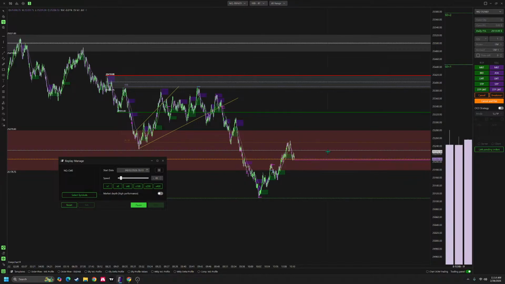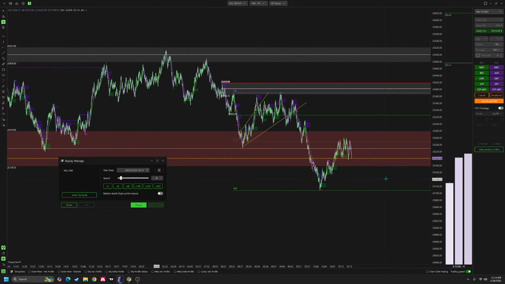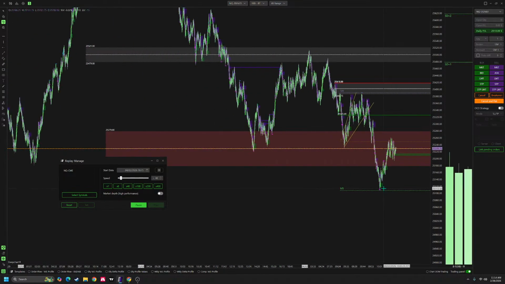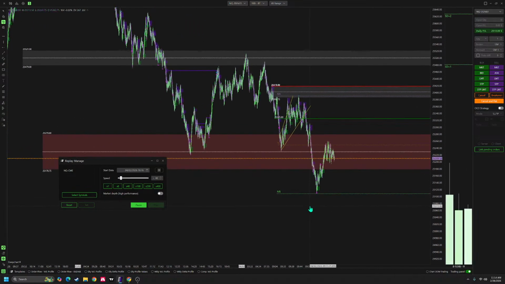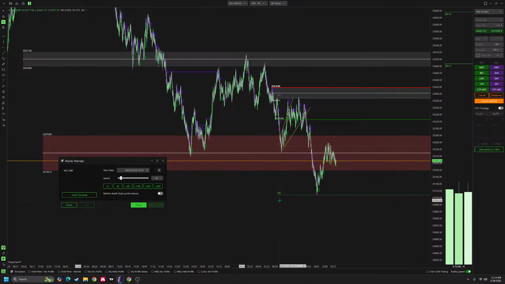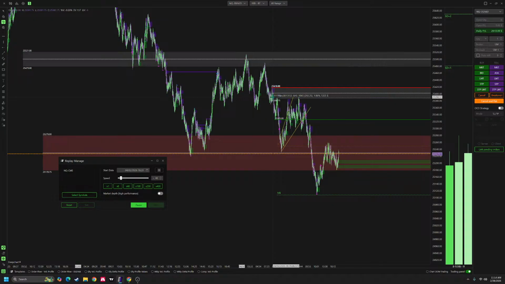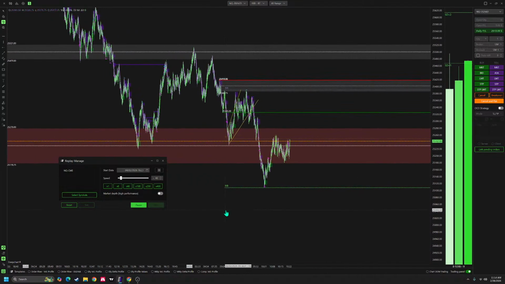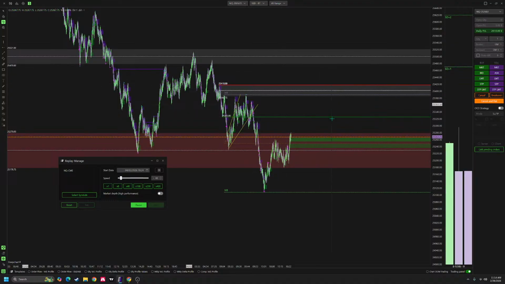Or no, we haven't. It's not even 10:30 yet. So we're still in the initial balance. So now our initial balance is fairly large. It is 266.5 points. So at this point, I expect us to range.